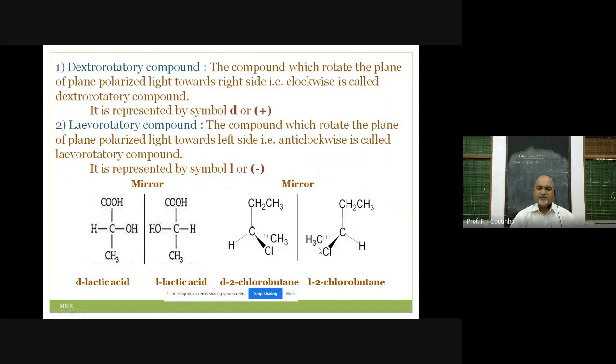This carbon atom is an asymmetric carbon atom. Last time I explained what an asymmetric carbon atom is: a carbon atom bonded to 4 different groups.